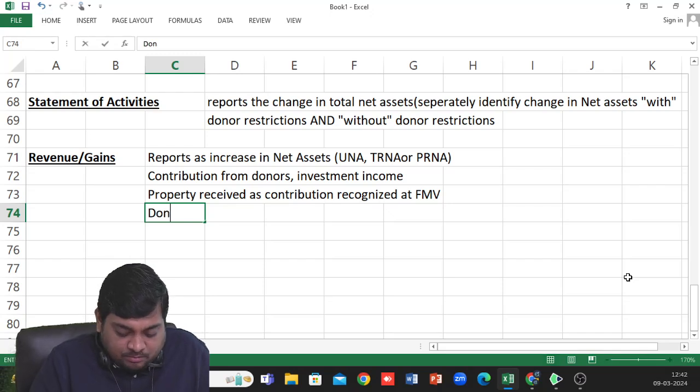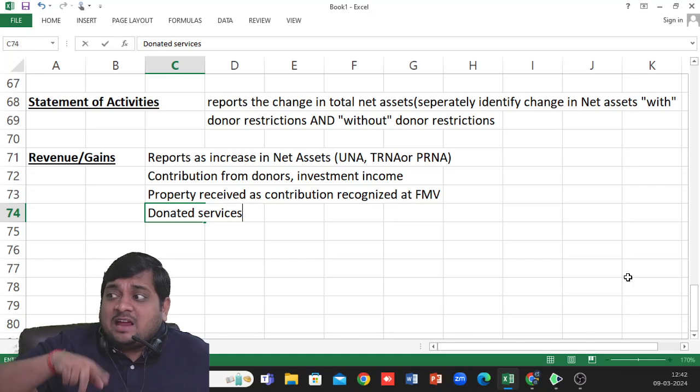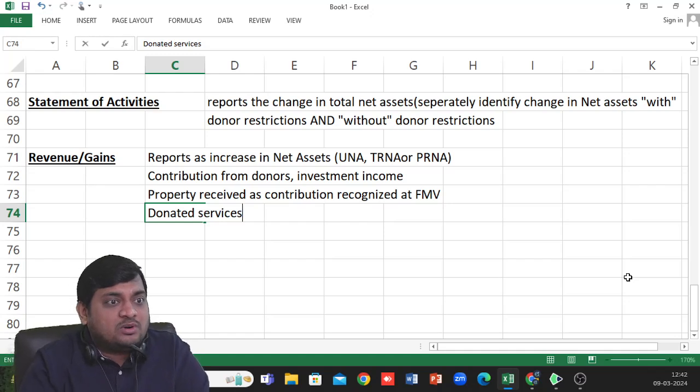There are some donated services. Now I have received some kind of service. If I would not have received it, in order to avail that service I must have paid for it. So those donated services will be included as revenue.